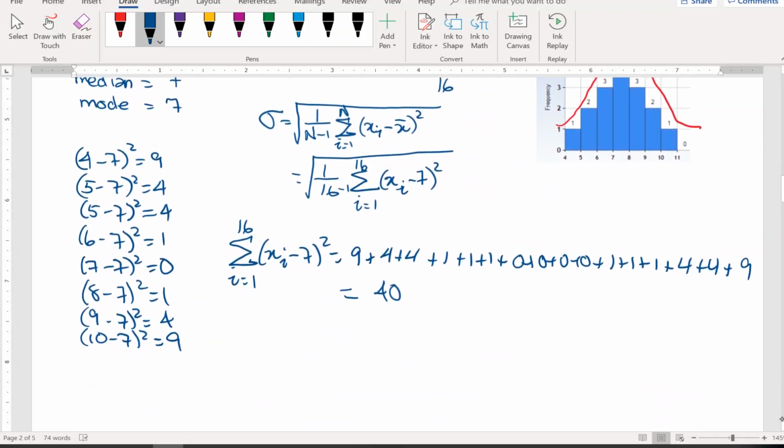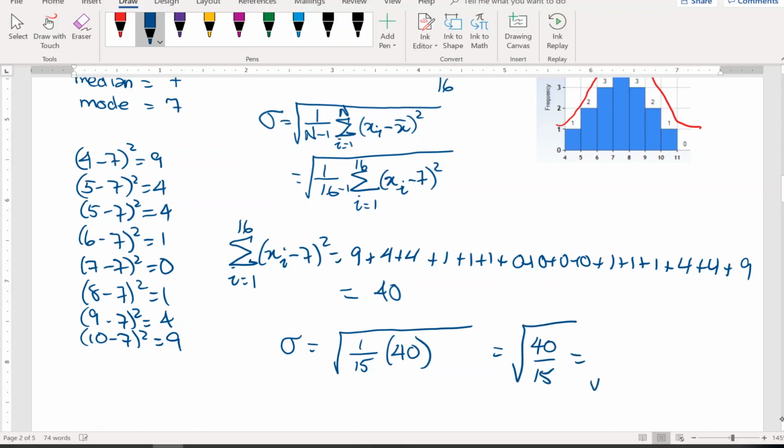And now in our formula, we have 1 over 16 minus 1, which is 15. Our sum here is 40. So this gives us 40 over 15, and that is 2.667.